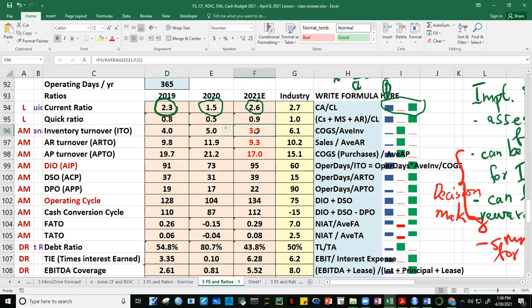And maybe ililink mo yan sa sales, no? Titingnan natin yung sales. Bumababa yung sales sa 2020, etc. No? So that's what you mean by taking a look at it from a holistic perspective. Hindi lang isang figure na yan. Tingnan natin, no? Anong effect sa sales? Okay? Anong effect sa net income?